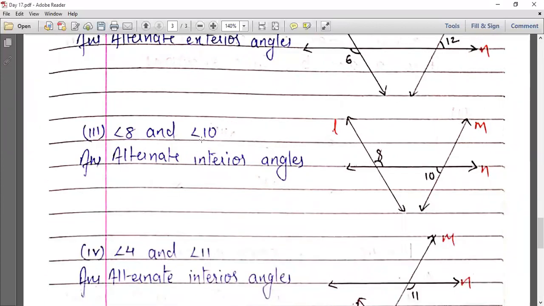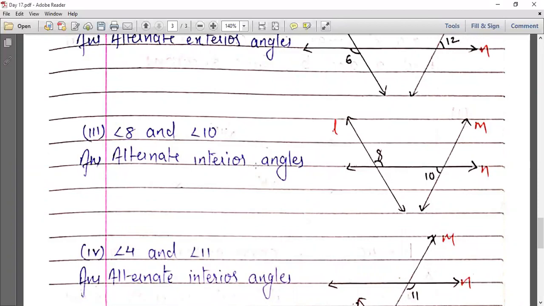Angle 8 and angle 10. A simplified figure is given again from the main figure. Here L and M will be the pair of lines, N will be the transversal. Angle 8 and angle 10 are on the alternate side of transversal N and they are lying inside the pair of lines.